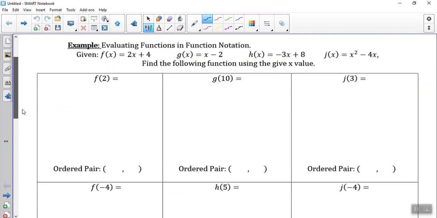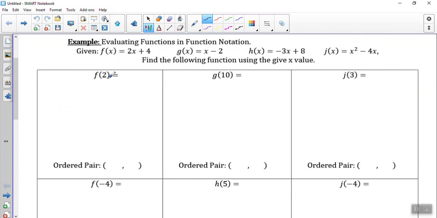So let's look at the first example. It says f of 2, find f of 2 for the given value of x. So my input here is 2. Since this is the f function, I'm going to write this down. And then just substitute for x, I'm going to plug in my 2 here.